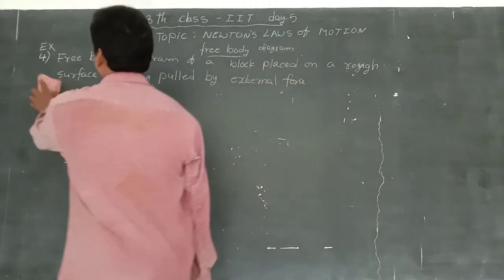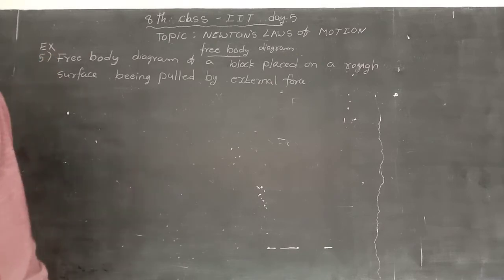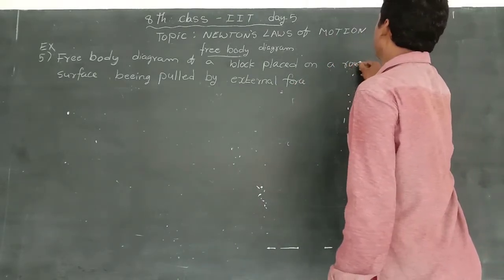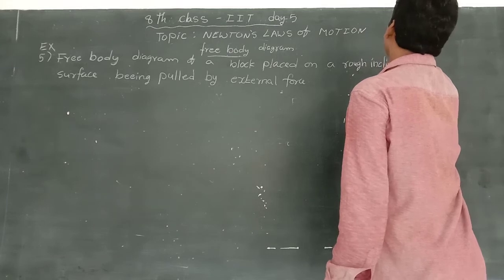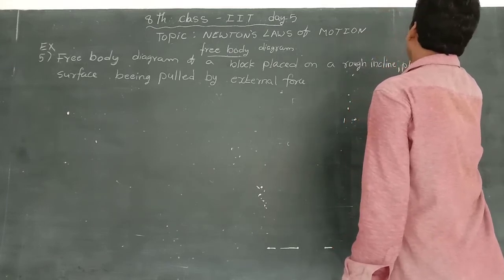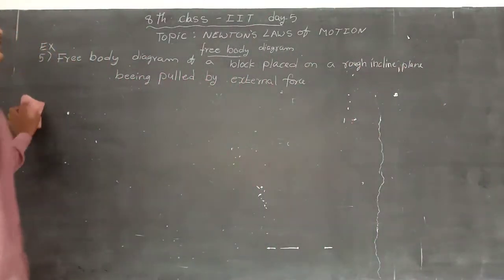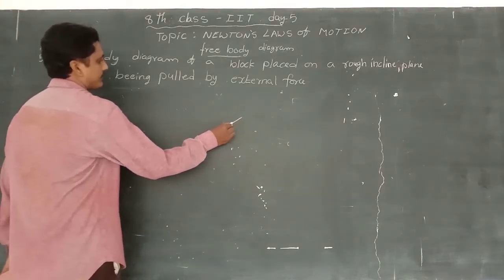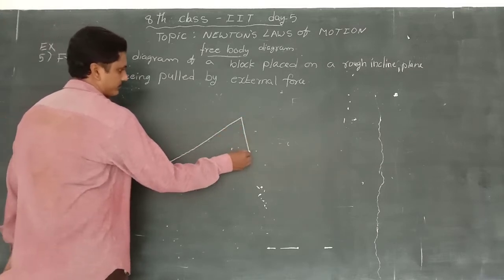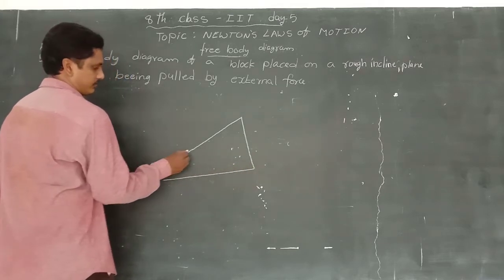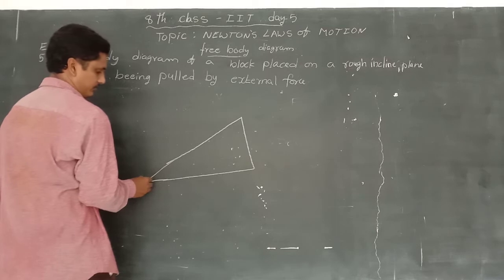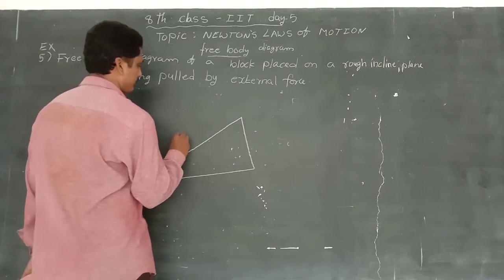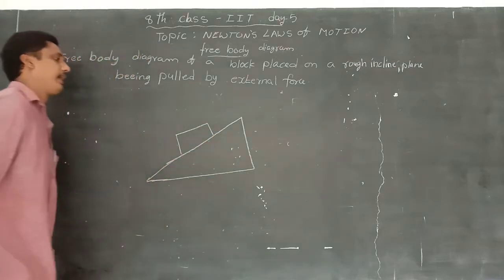Next, the fifth one. Free body diagram of a block placed on a rough inclined plane being pulled by an external force. Consider a rough inclined plane, and a body placed on the inclined plane.